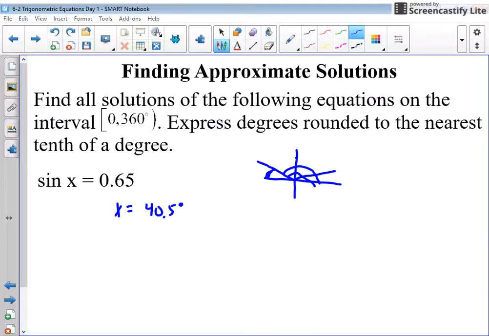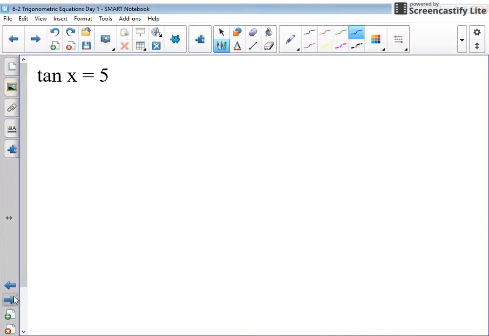So I'm going to take 180 and subtract 40.5 so that I can see what that angle would be. What I'm getting is 139.5. So those are my two angles here. And again, notice how we said to answer these in terms of degrees. It doesn't say radians, so I'm going to leave that alone.